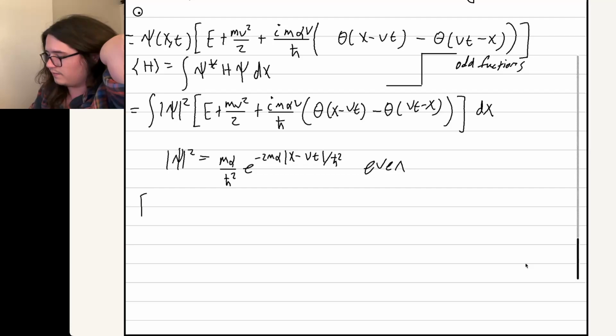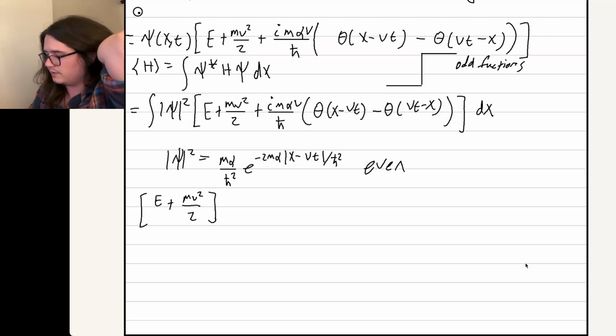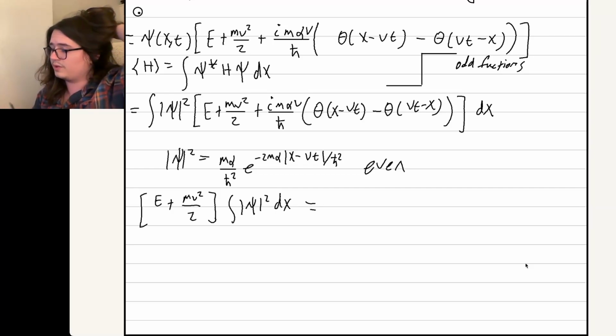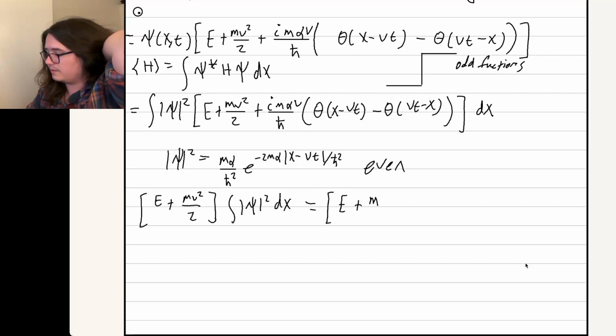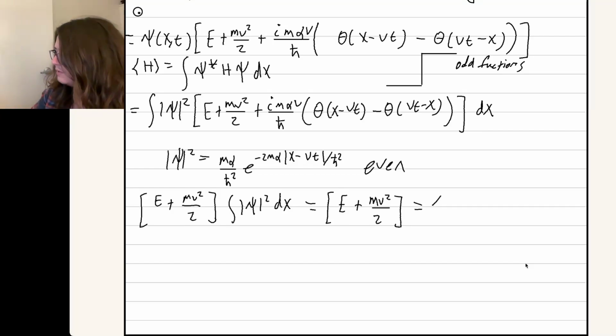So we just have the E plus mv squared over 2 term times the integral of mod squared psi dx. And I'm assuming that Griffiths gave us a wave function which was normalized. I realize I'm putting a lot of trust in him for that. It looks normalized, so I'm going to assume that that integral is 1, and you get this for the expectation value of H. Right?